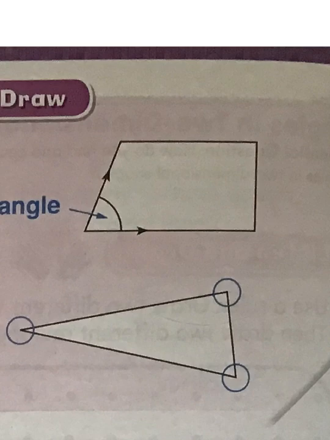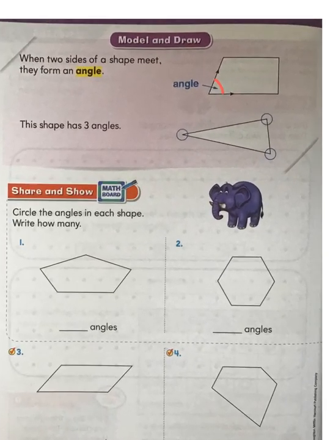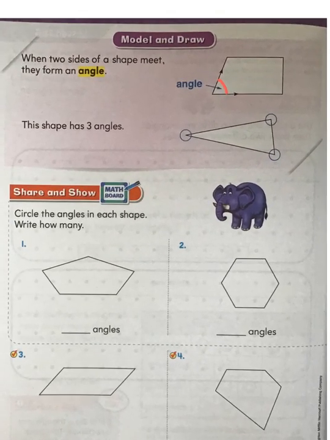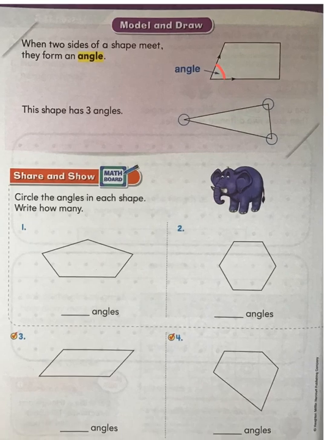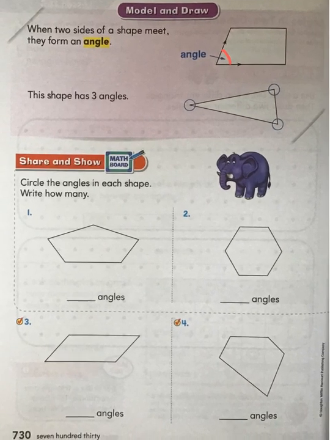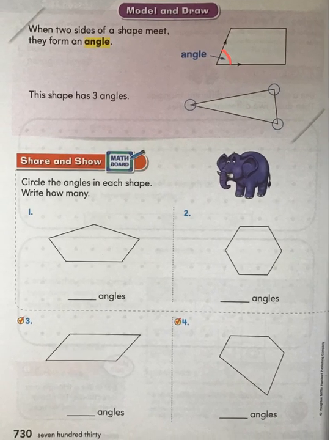And one way we help indicate an angle is with this curving line where the two sides meet. This shape has 3 angles. 1, 2, 3.